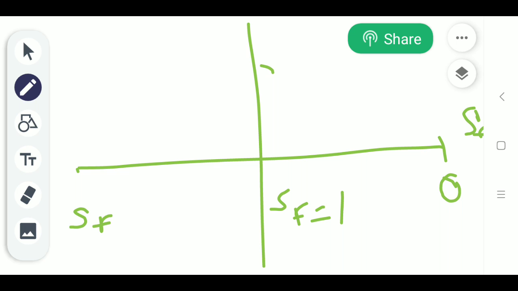When SF is equal to 2, it is in the direction opposite to this direction. So this is just opposite to the direction. So you get SF equal to the synchronous speed minus the rotor speed divided by the synchronous speed, so that is the slip. So you can get that condition over here.